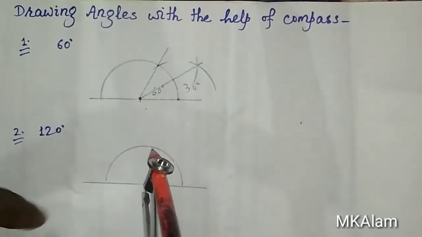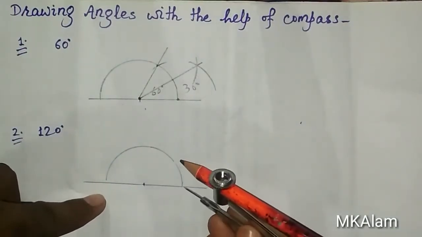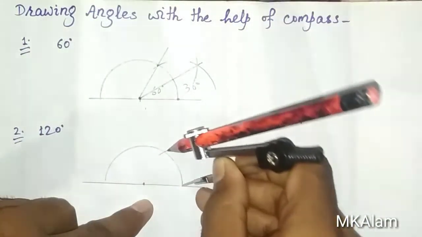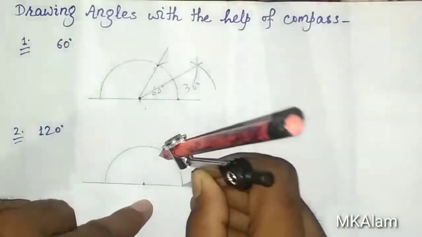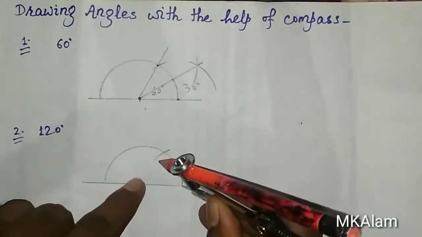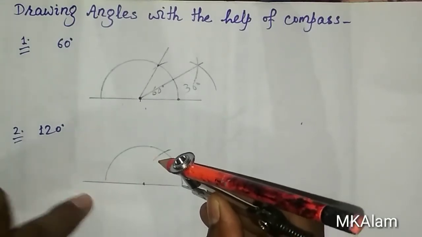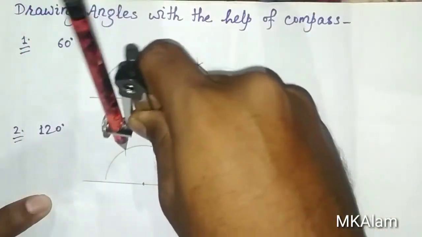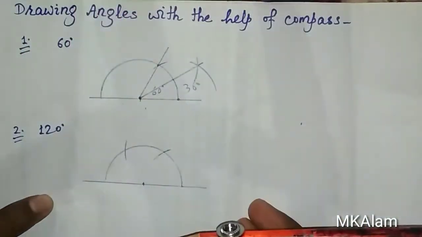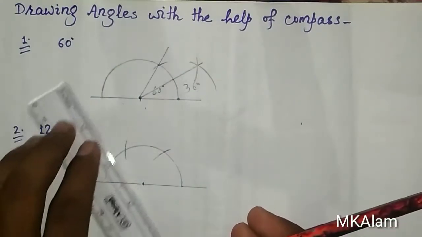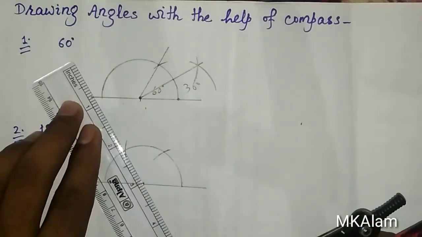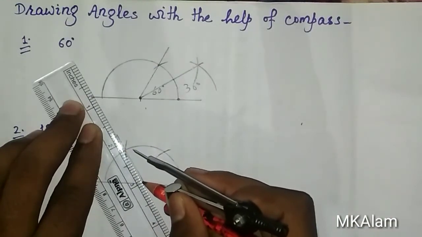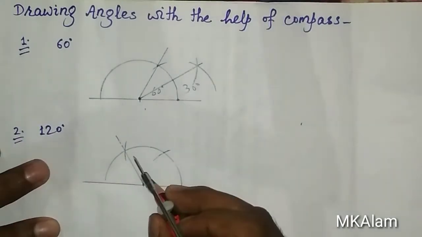This is your semicircle, and take your needle on this point and take an arc on this semicircle, and you know very well this is 60 degrees. And after this, if you do again like this, then you will get a 120-degree angle. It means this is a 120-degree angle. This is your 120-degree angle.